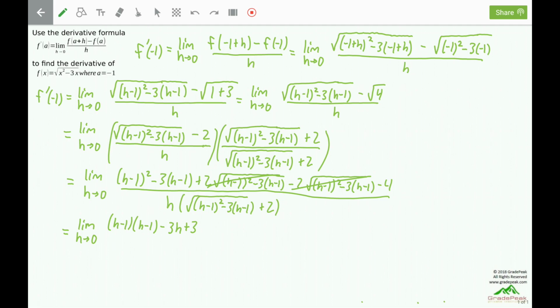And then don't forget we have that negative 4 at the end. All over h times the quantity of the root of h minus 1 squared minus 3 times h minus 1, and all of that added to 2.